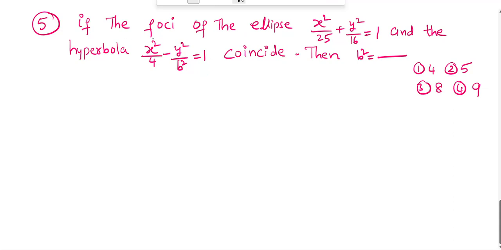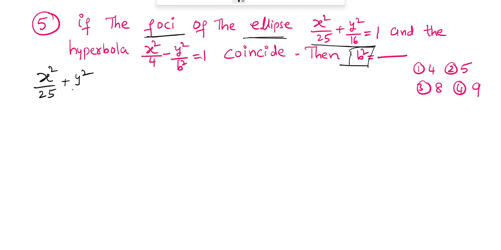This is the fifth question. If the foci of the ellipse x square by 25 plus y square by 16 = 1 and the hyperbola x square by 4 minus y square by b square = 1 coincide, then b square is equal to dash. Here the given ellipse is x square by 25 plus y square by 16 = 1. So the foci are plus or minus ae, 0.